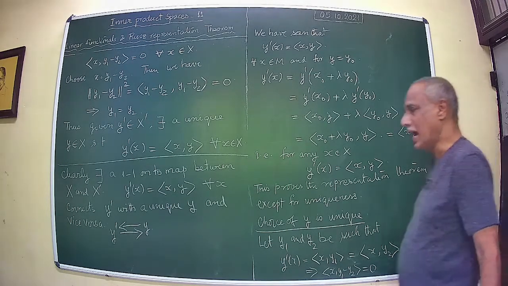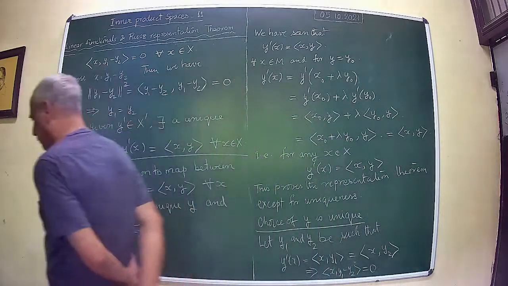Now we ask the following question: is this map linear?